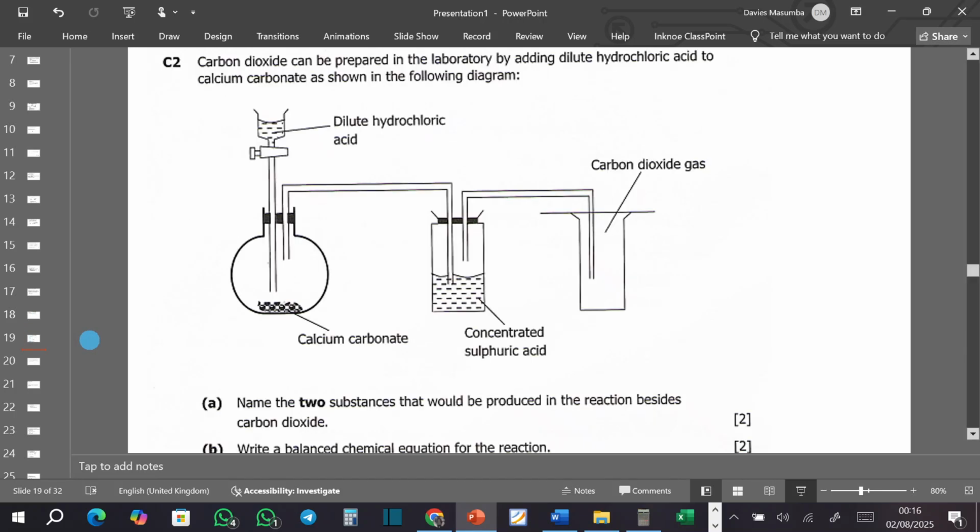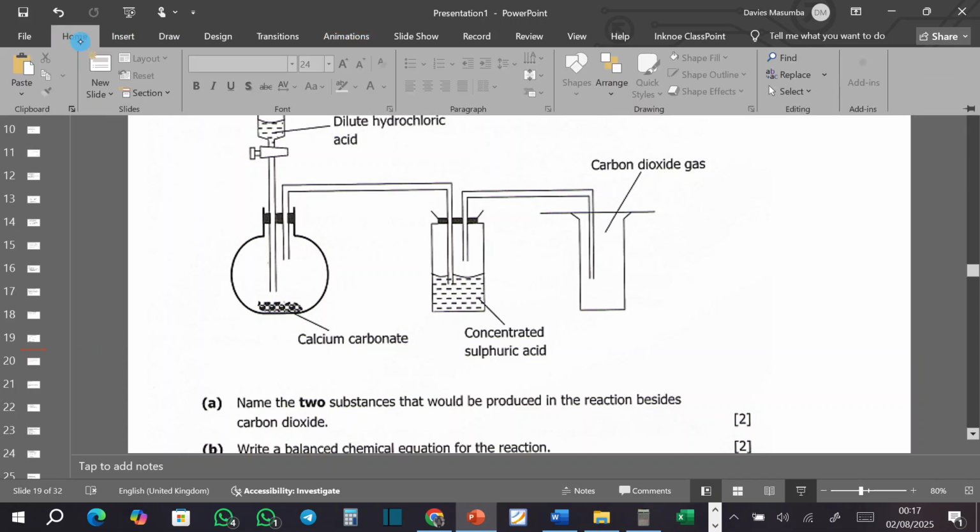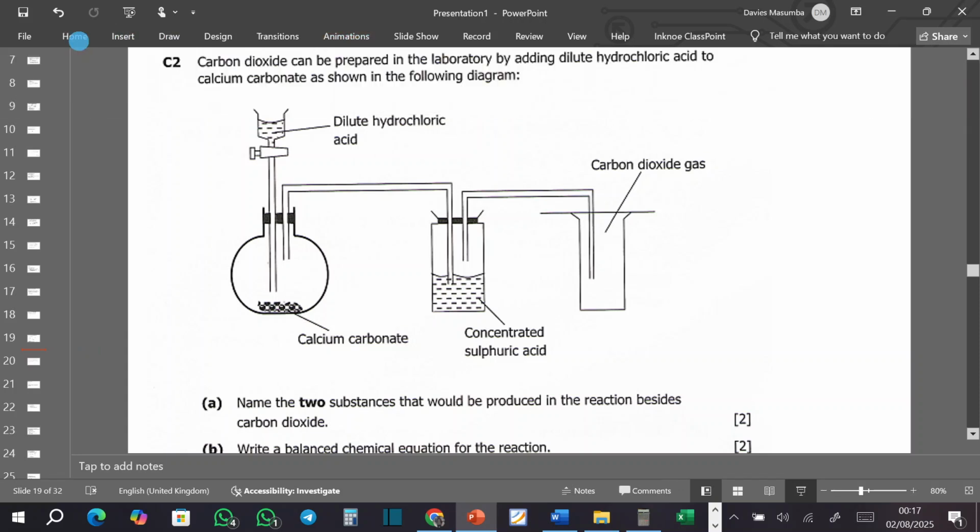So this question says carbon dioxide can be prepared in the laboratory by adding dilute hydrochloric acid to calcium carbonate as shown in the following diagram. So this diagram is talking about preparation of carbon dioxide. We have calcium carbonate here, then dilute hydrochloric acid is added, so the gas is produced.